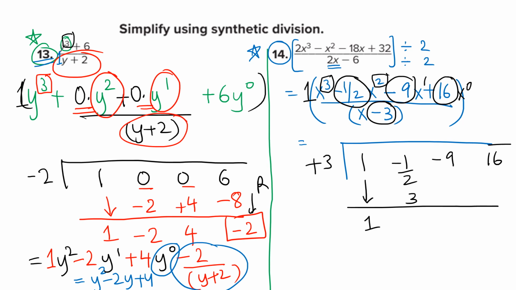Okay, if you do it in your calculator, it might give you decimal 2.5 or something. Avoid that, use fraction better. So 5 by 2. Now multiply 5 by 2 with 3, so it's going to be 15 over 2. Again, when you add 15 over 2 with minus 9, take fraction, not decimal.